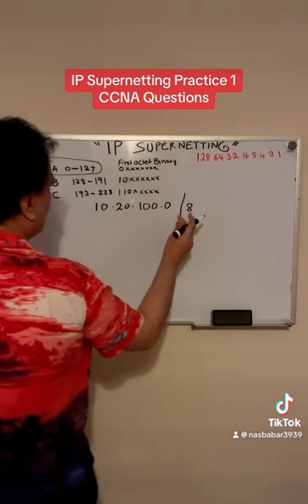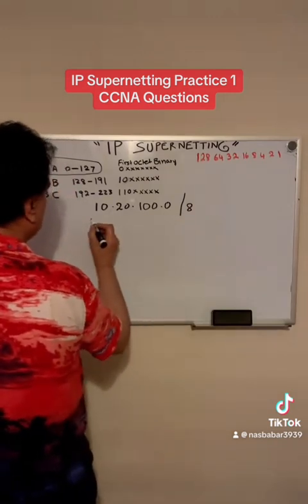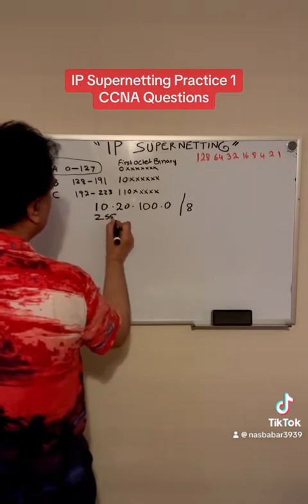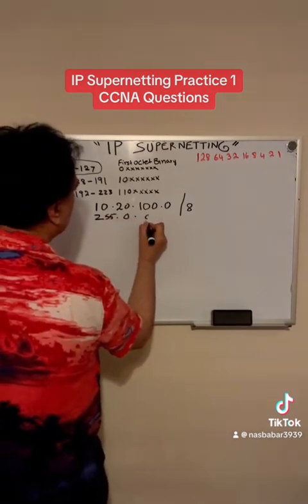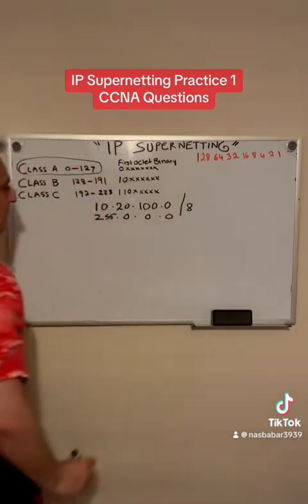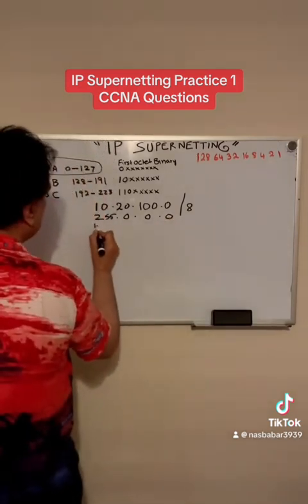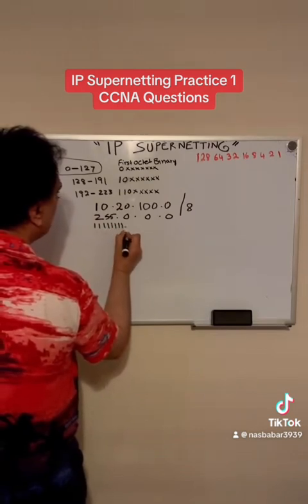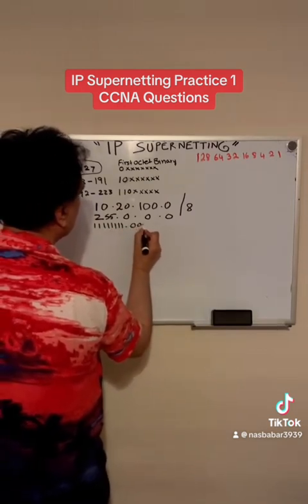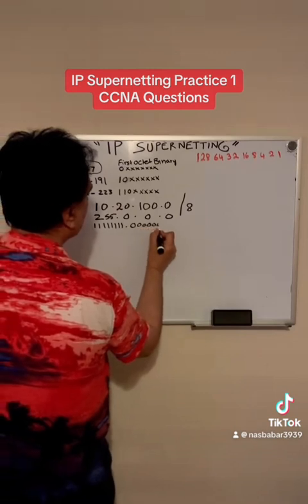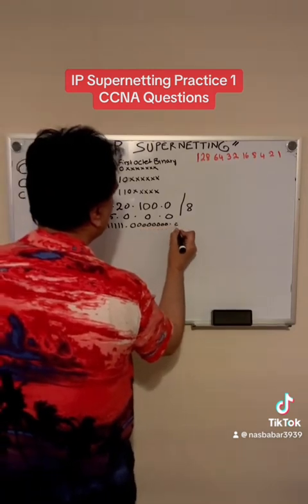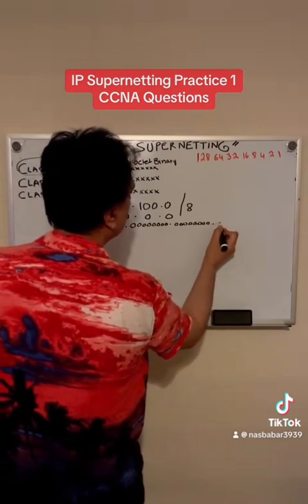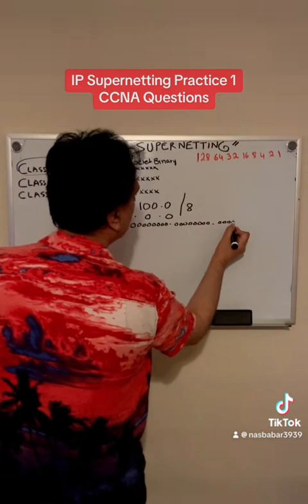If you look in here, the traditional mask is 255.0.0.0. All right, so we have 8 ones, then 8 zeros, then 8 more, and then 8 more.